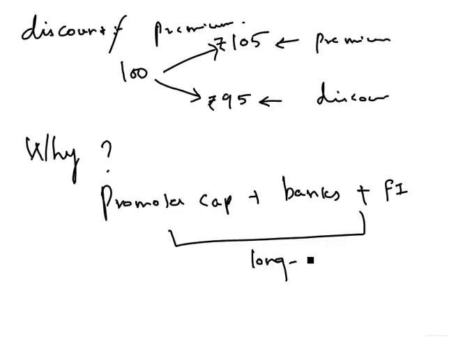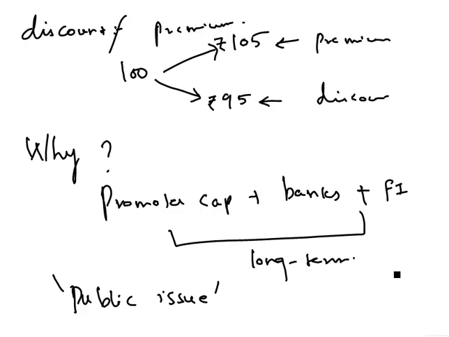So for that, they will invite the public to contribute towards their equity, and they do it by issuing shares to individual investors. So how to invite them? The way to invite share capital from the public is through a public issue.